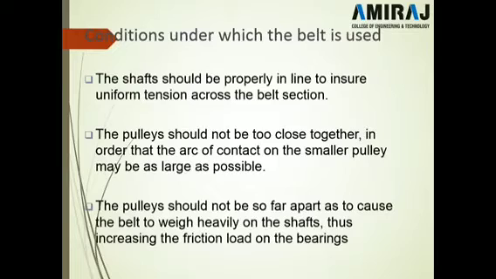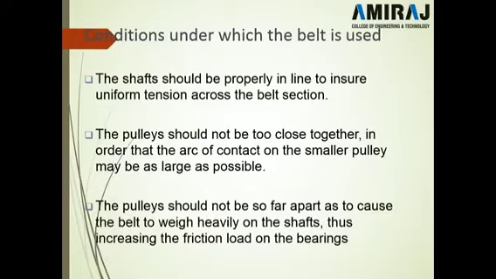The pulleys should not be too close together, so that the arc of contact on the smaller pulley may be as large as possible, right? If the two pulleys are too close together, then the arc of contact on the smaller pulley is going to decrease.